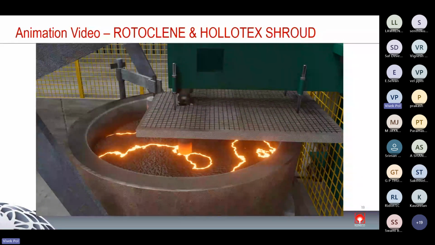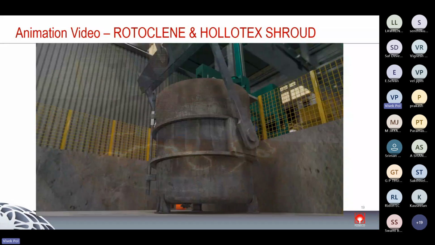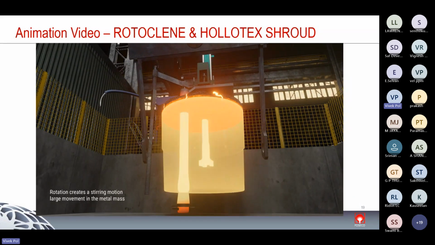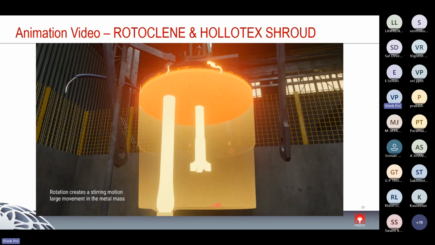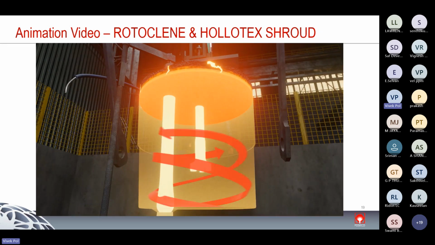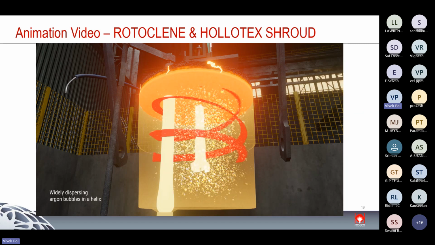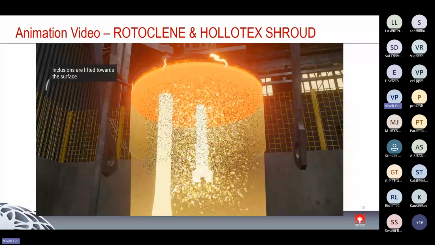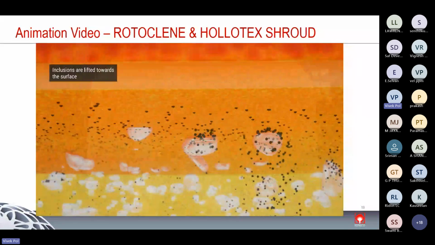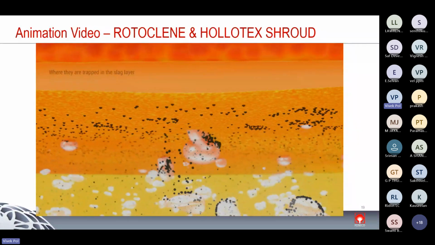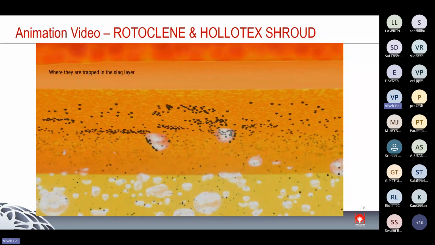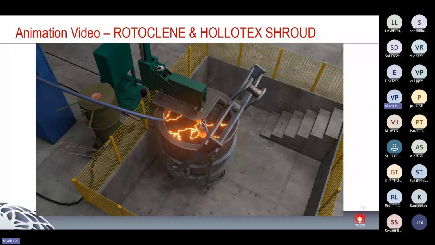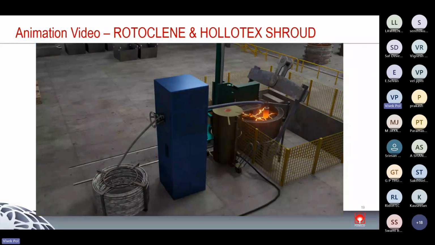Now the rotor enters the middle, the center of the ladle, and the stirring action starts with an RPM like 260, 300, depending on ladle size and other parameters. You can see the helical movement of argon gas which is passed through the center bottom of the rotor, and because of this helical trajectory, it is effectively removing biofilms and inclusions. At the same time, we are introducing calcium wire. It is pure calcium.